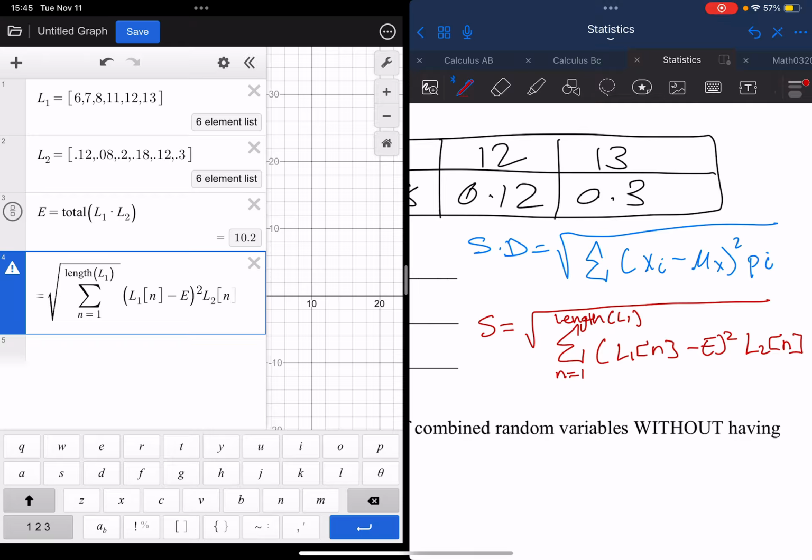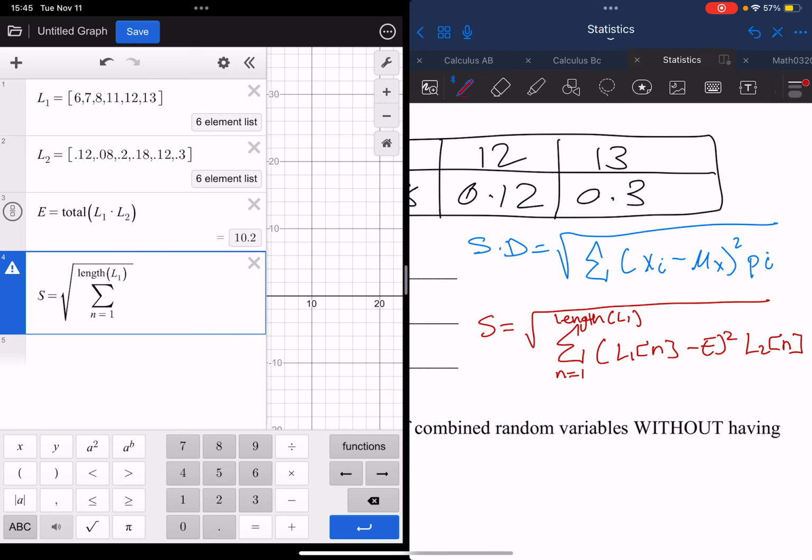Oh no, it didn't all go under that square root. Sorry, I'm not used to using Desmos on my iPad, so it's a little different having to deal with this keyboard. Why can't it just go right here?